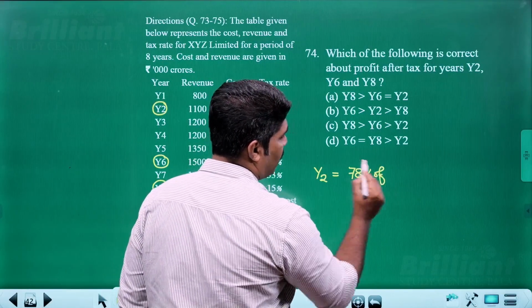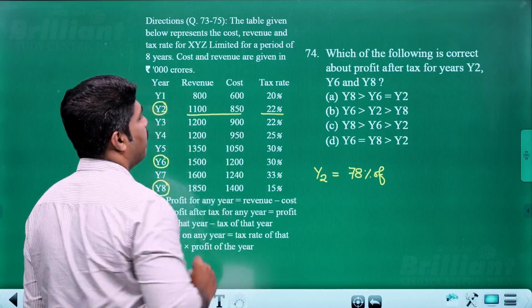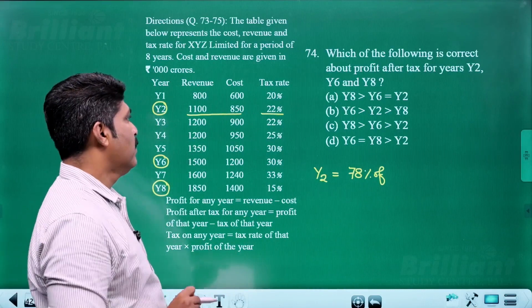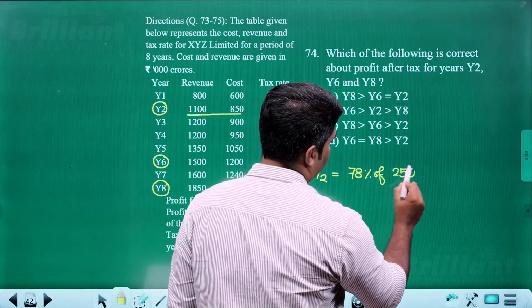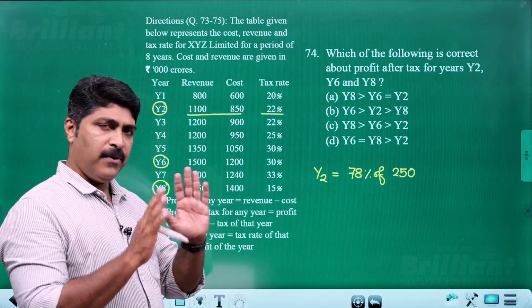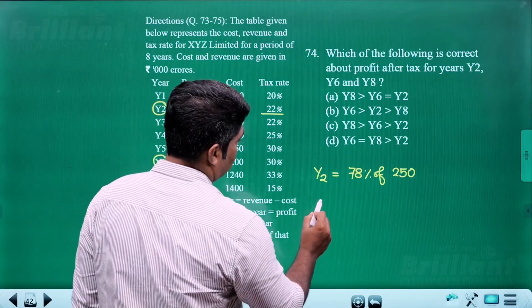So this is 78% of the profit. What is the profit here? This difference we have to catch. That is 1,100 minus 850, which equals 250. Got it? You don't need to calculate right now. Keep it in that form itself. The next step is Y6.